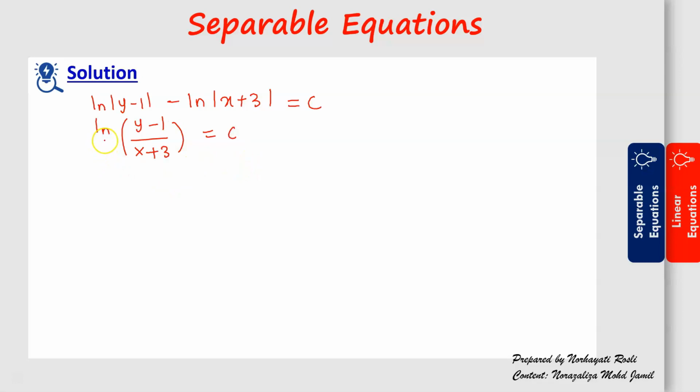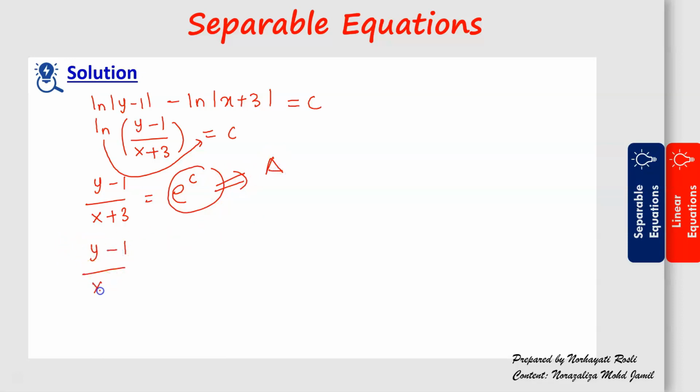And then class, remember previously we had the same pattern of solution like this. This ln you need to move to this side. So you will have (y minus 1) over (x plus 3) equal to exponential of c. In this case, I can write this exponential of c as a constant a. So I have (y minus 1) over (x plus 3) equal to a.